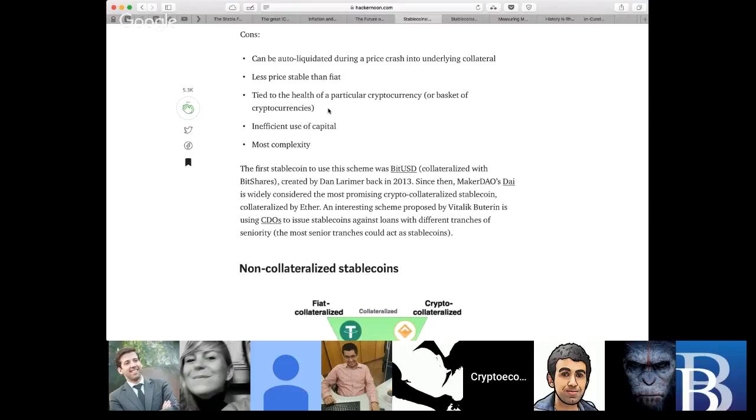It is an inefficient use of capital. Well, it depends on the perspective, but in the context of Maker, it means that you lock capital without really using it. And it's obviously the most complex.